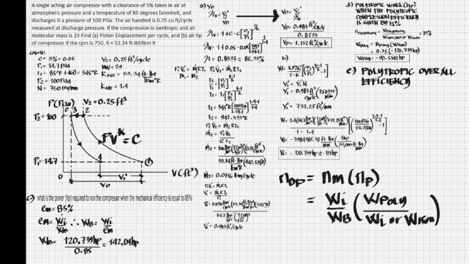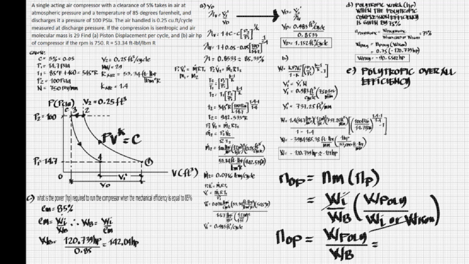Now you will notice here they are the same, so I can cancel this one and I can cancel this one. So to get my overall polytropic efficiency, that will be work poly, and this is all over, divided by our work break.